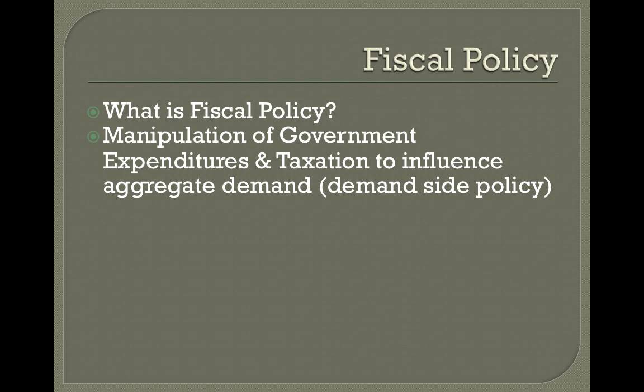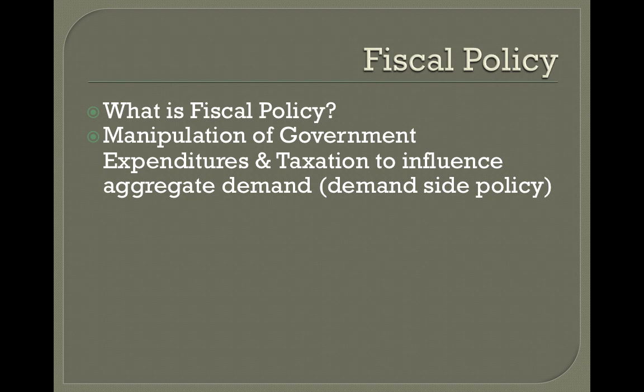The government uses taxation and government spending to impact the macroeconomic outlook, to try to promote growth or to try to slow down inflation. It can use what's called expansionary or contractionary policy, which we'll be going over a little bit later.